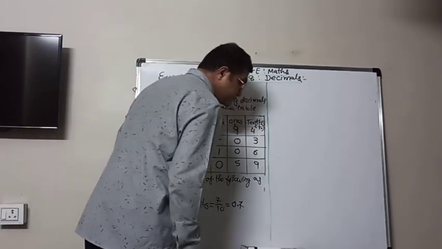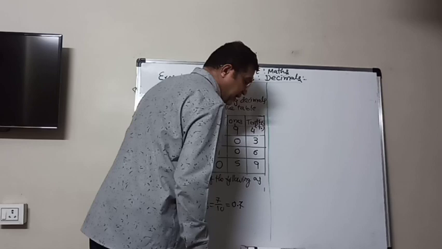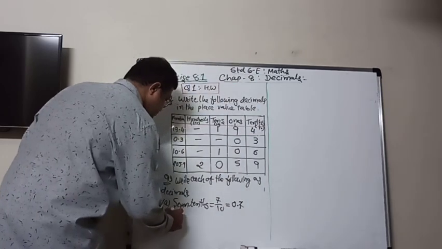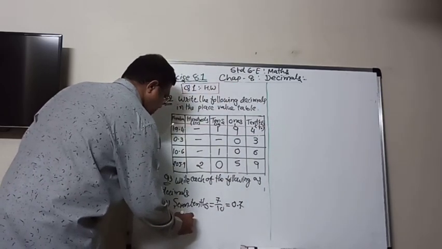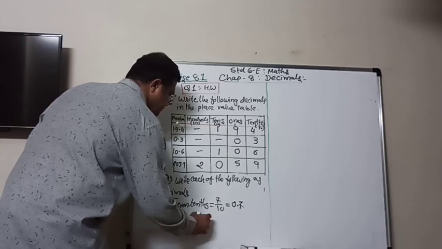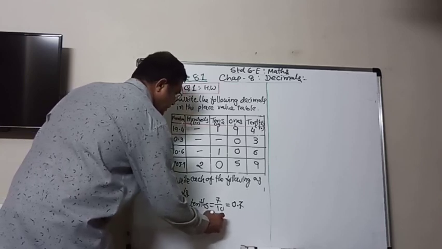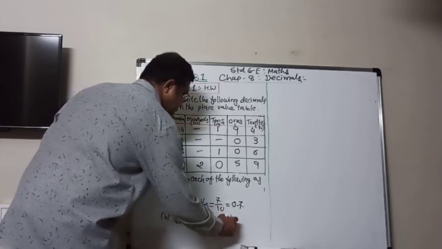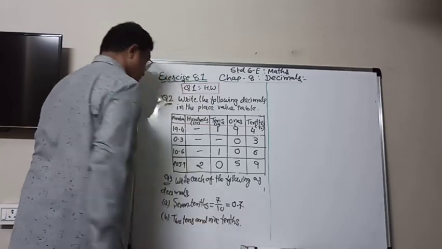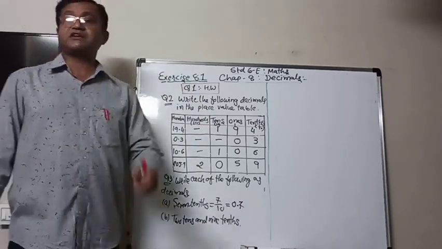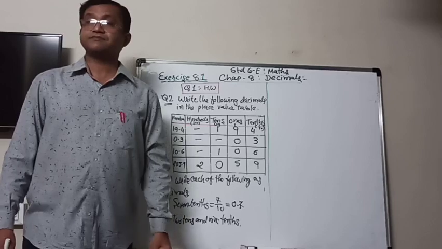Second one is 2 tens and 9/10. Here also be careful, there is no ones place.